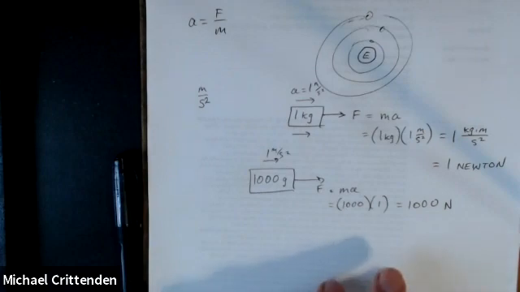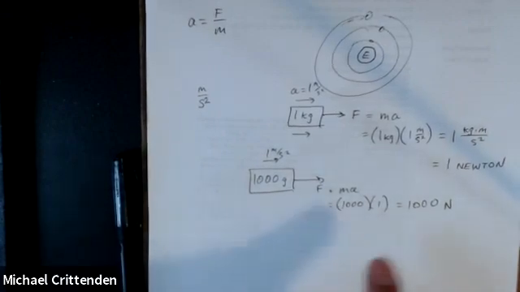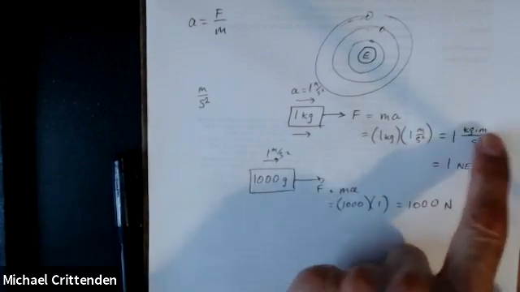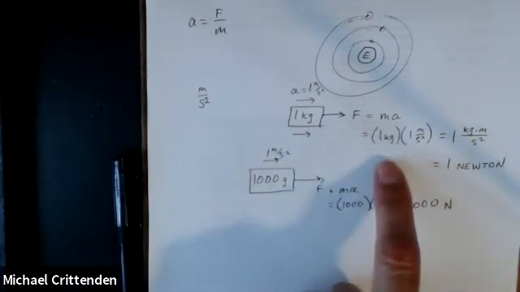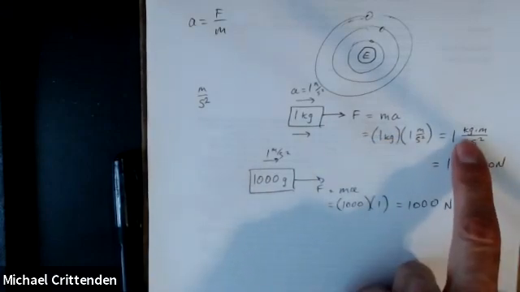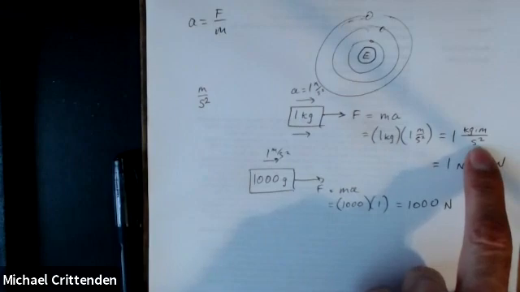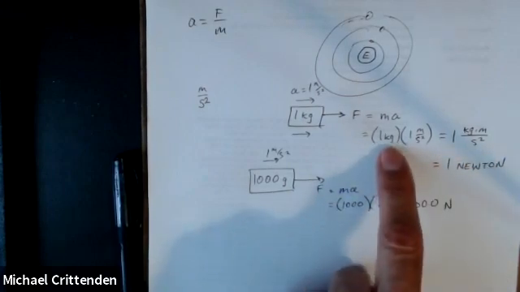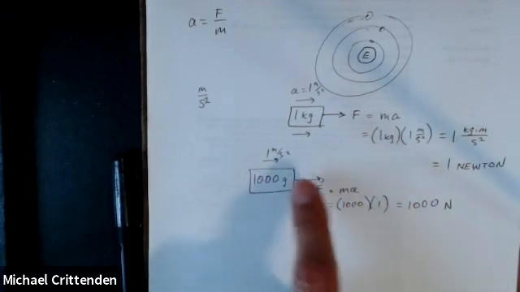But you have to keep in mind that for any kind of calculation, if you're going to get the standard unit out, you have to be putting the standard units in, okay? Since a newton is a kilogram meter per second squared, if you expect it to come out in newtons, you have to put in kilograms. Grams is no good.